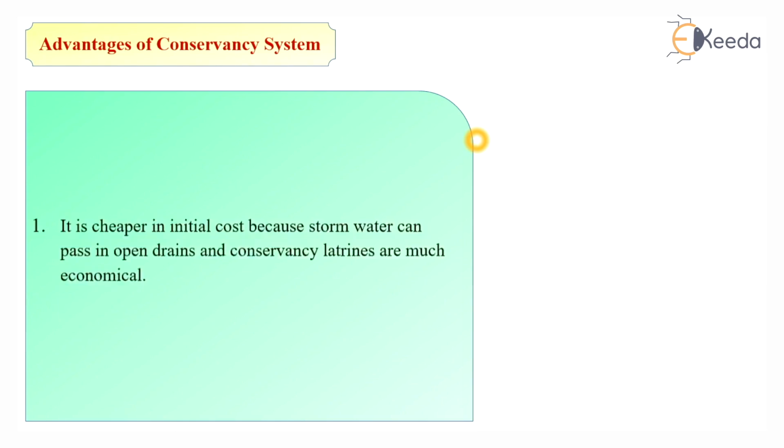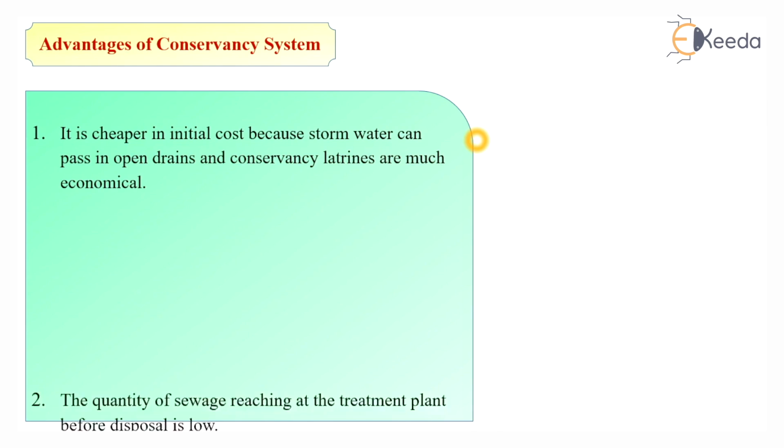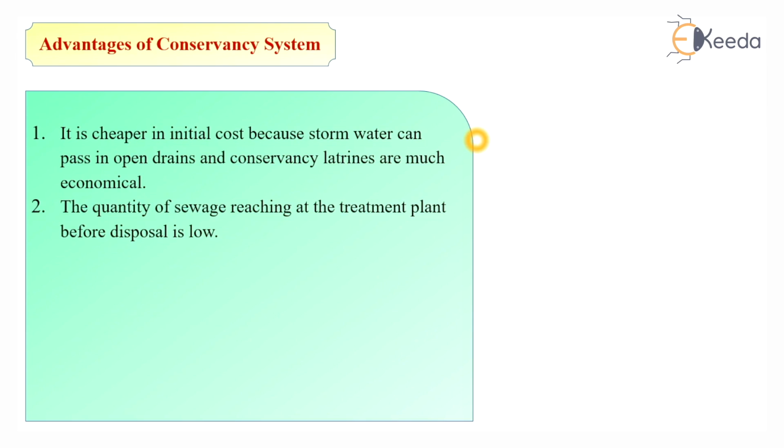So advantages of this system are: it is cheaper in initial cost because stormwater can pass in open drain and conservancy latrines are much more economical. The quantity of sewage reaching the treatment plant is low before disposal.